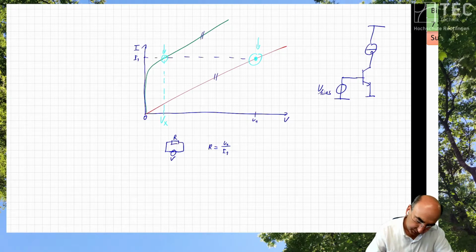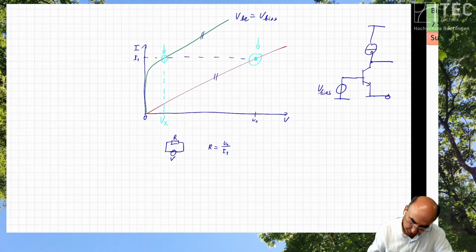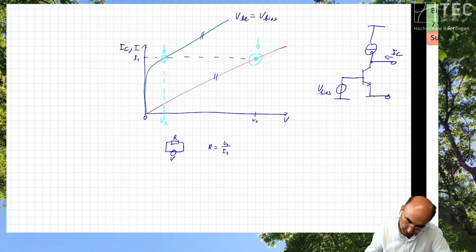So we have here a certain VBE equal to V bias, so it's constant. And then you measure different currents IC as a function of VCE.